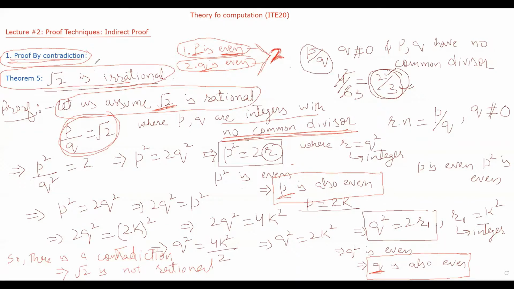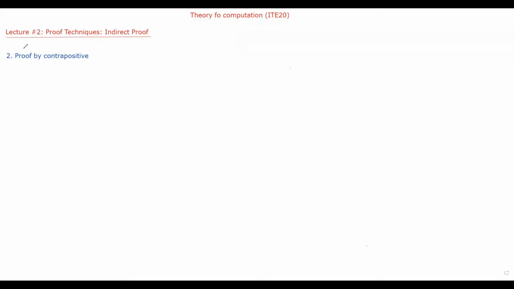Now let's discuss another indirect technique that is used to prove a particular statement is true. The second technique is the proof by contrapositive. Before understanding this technique, let's see what a contrapositive is. If we have P implies Q, that means if P is true, then Q is true. This is called an implication.